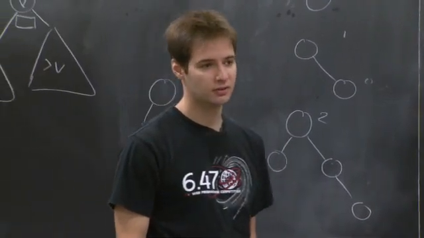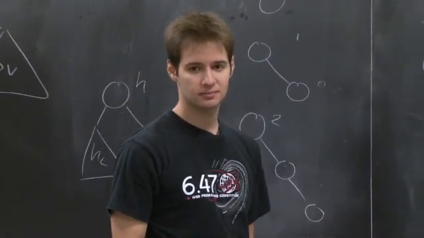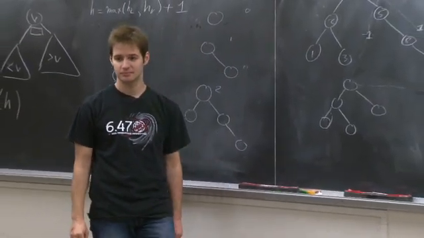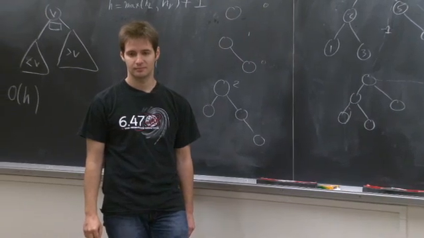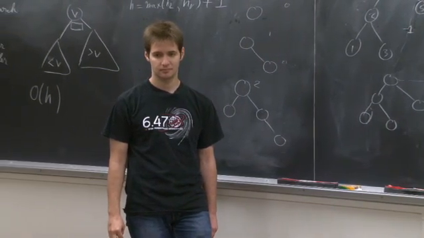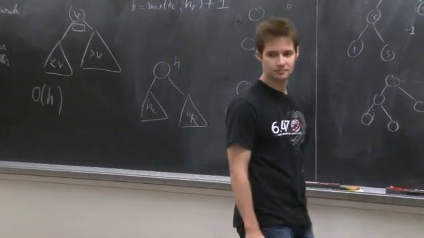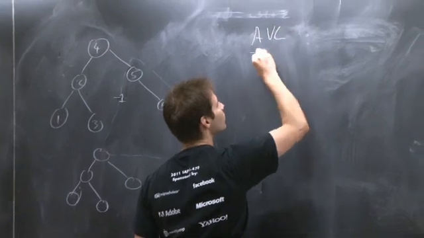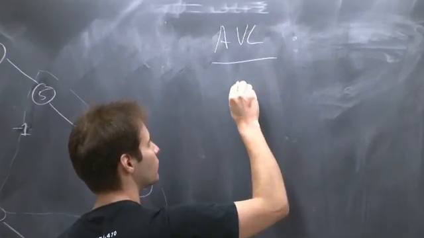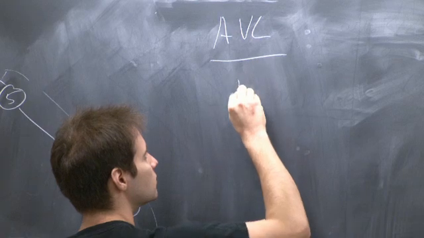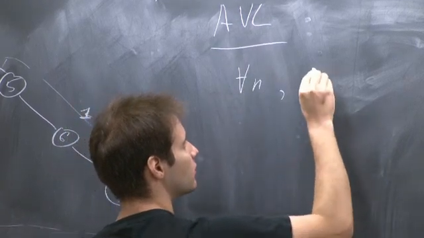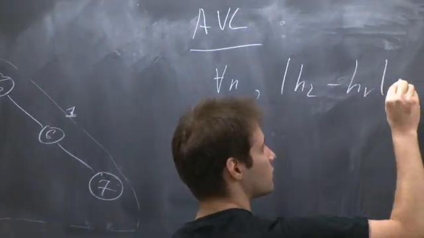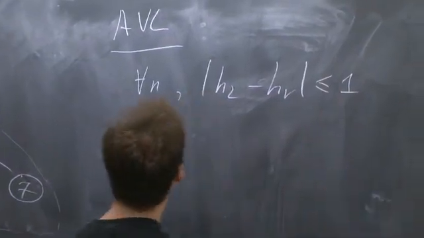Okay, so what's a rep invariant for an AVL? The height of the left subtree for every node is within 1 of the height of the right subtree. Excellent. So the core property of an AVL is that for every node, the left height and the right height differ by at most 1.